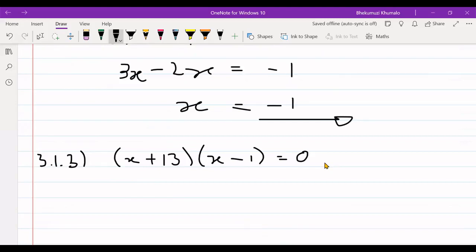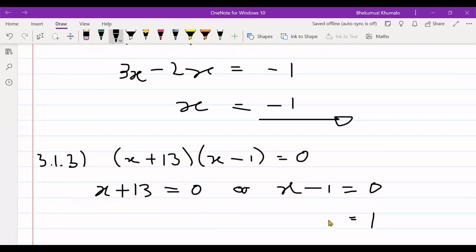But whenever you are solving for x and you have two brackets like this, the only thing you need to do is say x plus 13 equals 0, or x minus 1 equals 0. And that's just 1, and that's just negative 13.